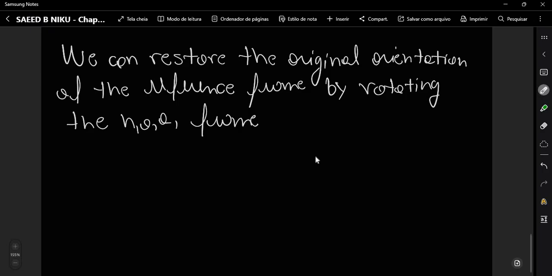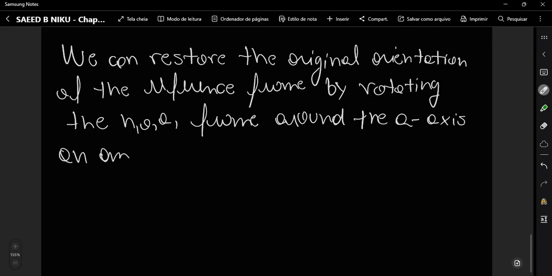And this rotation must be around the a-axis, by an angle of minus alpha.